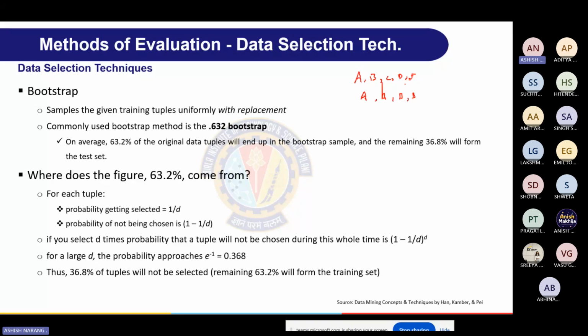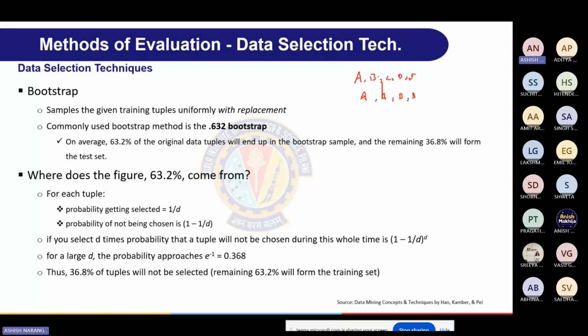Now there's an interesting thing within this bootstrap. It says that 63.2% of the original tuples will end up in a bootstrap sample, and the remaining 36.8% will form the test data. This is all probability based, because when the data set becomes too large, the probability calculations show that 63.2% of records are selected at least once.